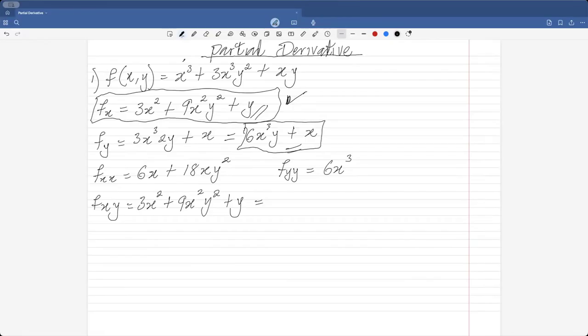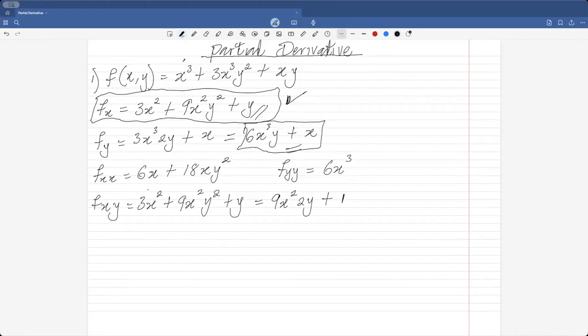If we differentiate the function with respect to y, 3x squared becomes 0, followed by 9x squared times 2y, plus 1.